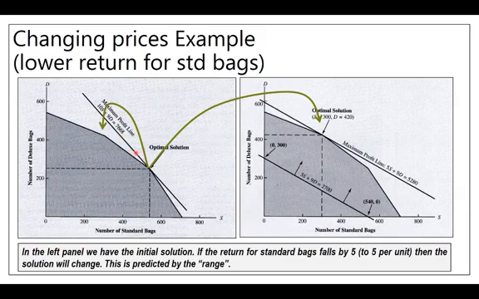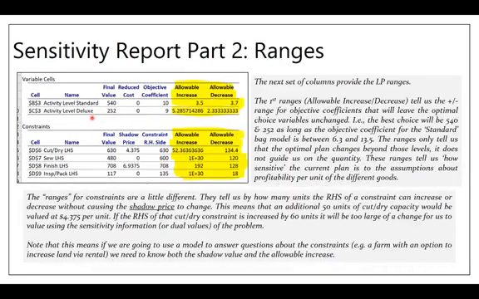Remember, we said if this line starts to tilt because the return for standard bag starts falling, so this line starts to tilt this way, well, what these ranges in this sensitivity report are telling us is how much tilt can you get, how much can these things fall or go up, right? This objective coefficient, how much can it fall or how much can it go up before this solution changes?